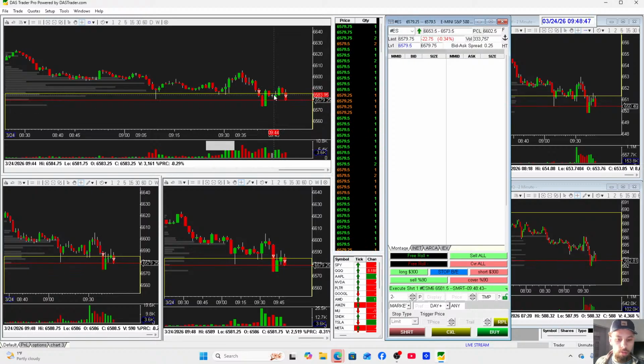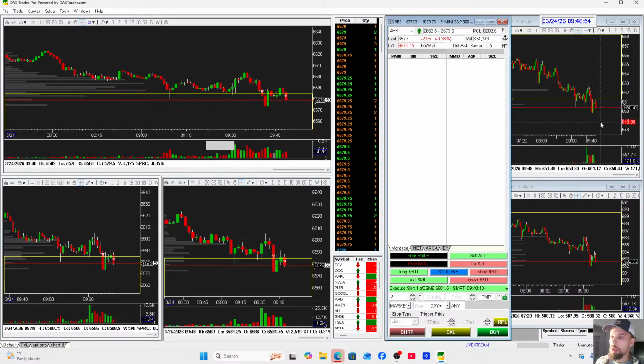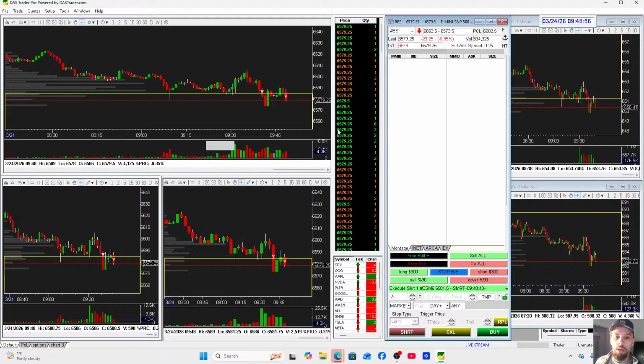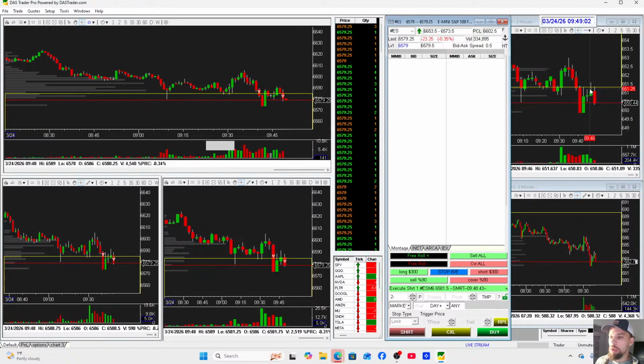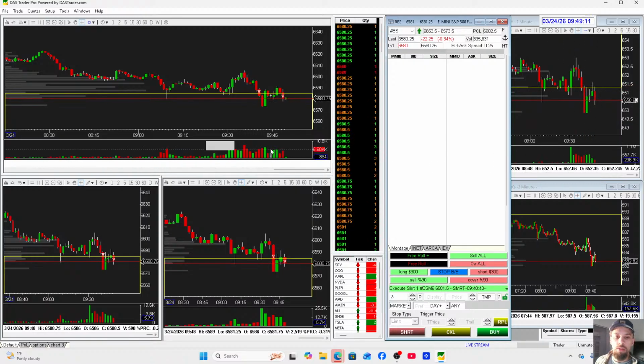I'm looking for the move down. I like this 2 minute candle here. Rejected. No volume. No volume to the upside at least. Volume died off, so looking for a move down here.